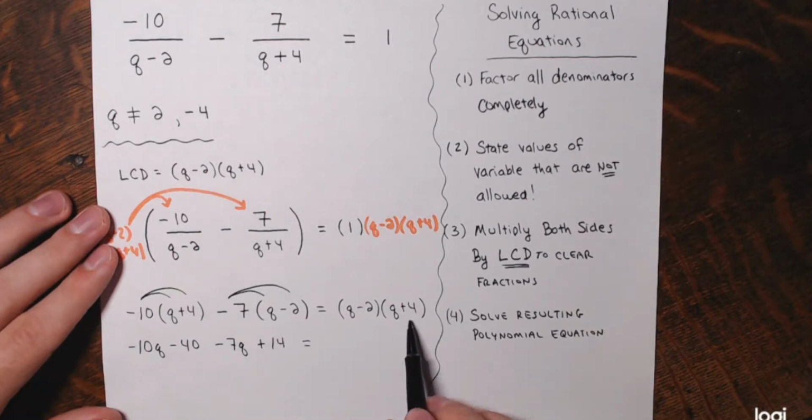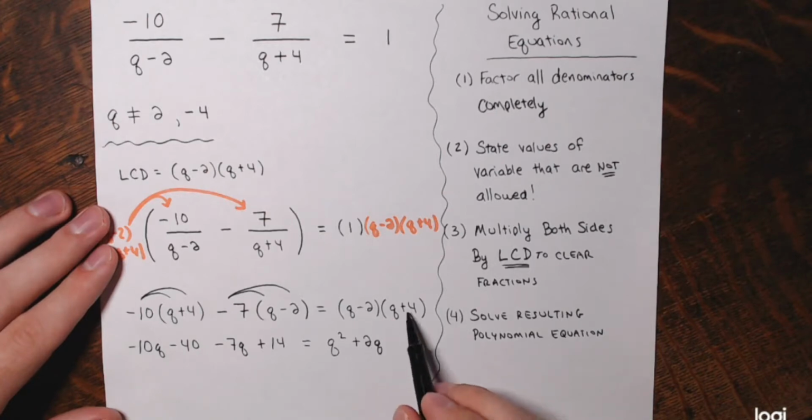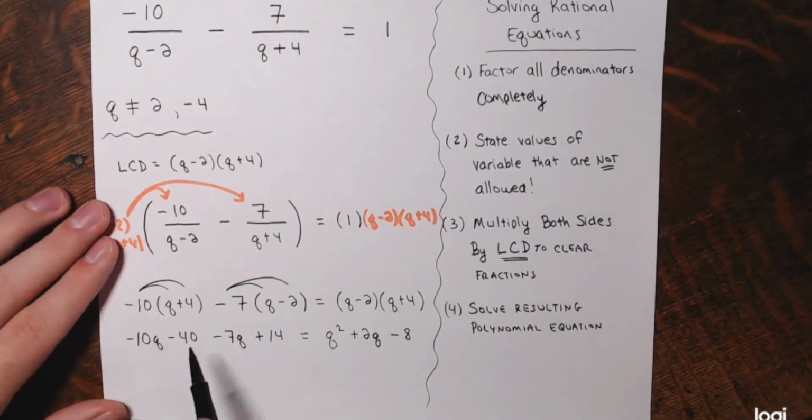And when you multiply and combine like terms over here, you have q squared, plus 4q minus 2q, so plus 2q, and then minus 8. And the left side, if you totally simplify it, combine like terms, you'd have negative 17q, and then negative 40 plus 14 would be minus 26.